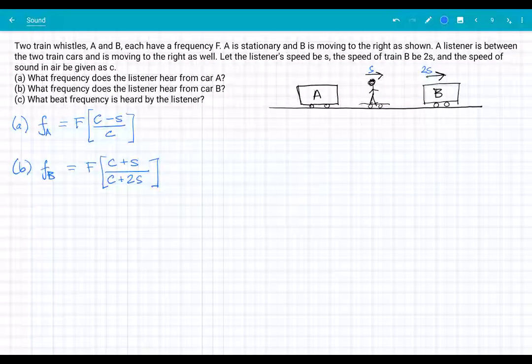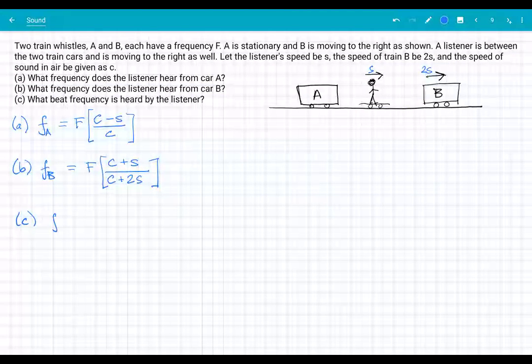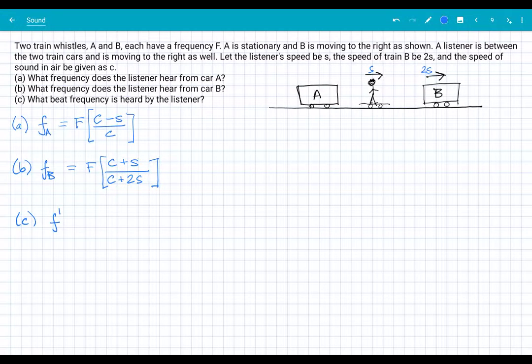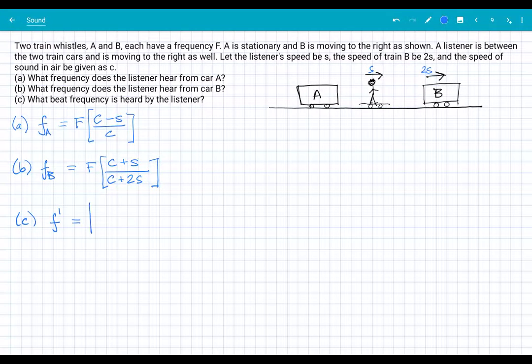And then the final question here asks us about beat frequency. That beat frequency is, of course, just the difference between the frequencies. I'll call the beat frequency F prime in this particular case. It's just going to be the absolute value of the difference between those two frequencies.